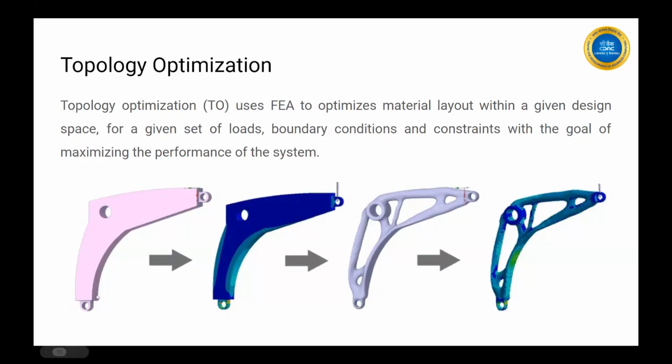That means I already have a part, and that part is exposed to a simulation like FEA. With the result of the FEA, we eliminate the areas where stress concentration is less, which is done by the computer automatically, and we get a weight optimized part according to the boundary conditions we have given. I'll show you one small example of how it is done using SolidWorks. I hope all of you understood what topology optimization is.